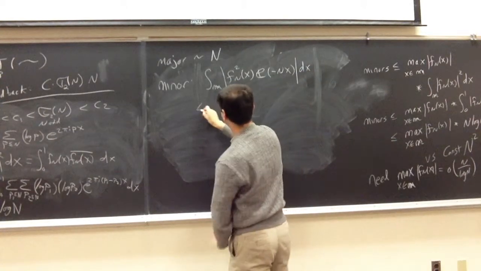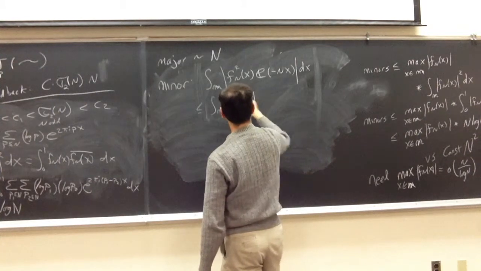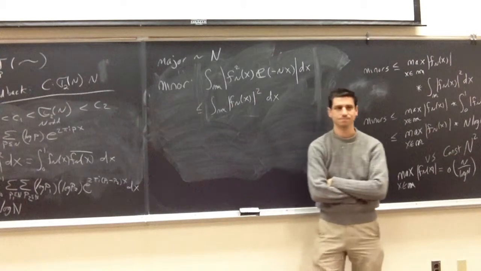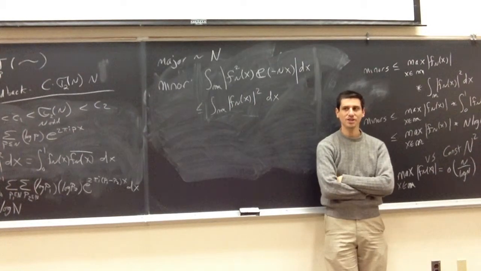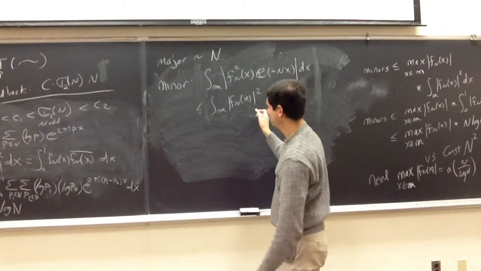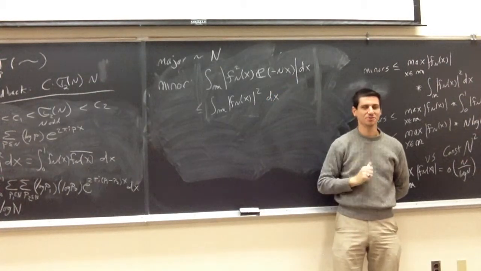So now it's less than or equal to the integral over the minor arcs of fn of x squared dx. Oh, hey, we know what that equals. What does it equal? Yeah. What does this equal? No! Sorry for those of you who are asleep.